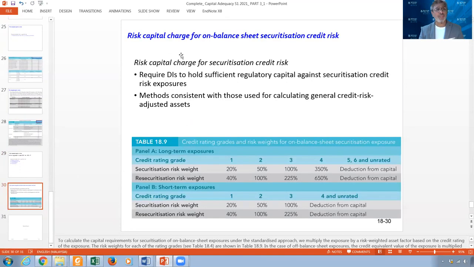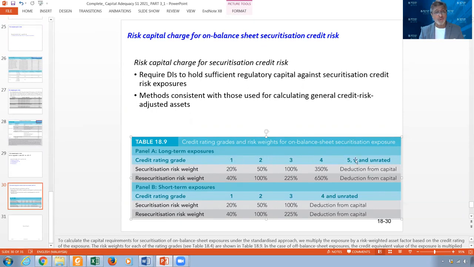Now we move to risk capital charge for on-balance sheet securitization credit risk. We have securitizations, and those securitizations are in our, like, MBB. MBB means mortgage-backed bonds, which are still on our balance sheet. All we have to do is bring the dollar positions and multiply them by the risk weight if it is 1, 2, 3, 4, 5, and 6.